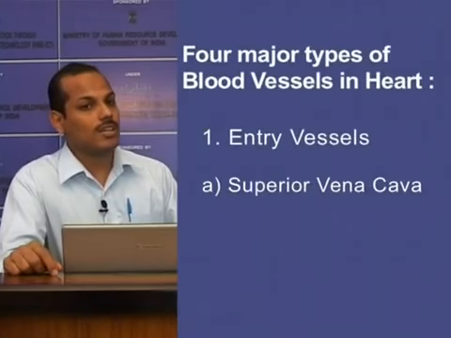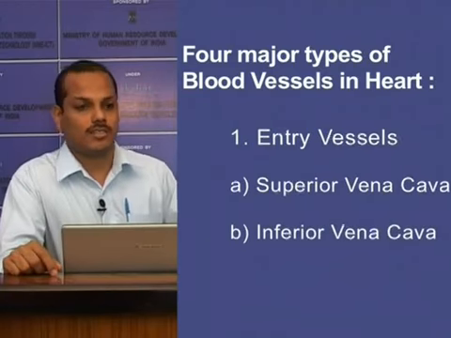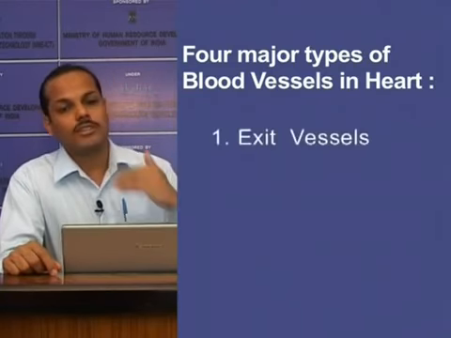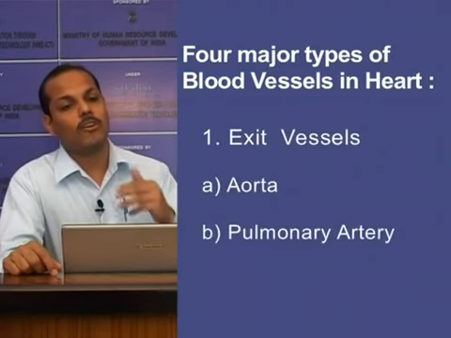Now, there are four major vessels. There is the superior vena cava and the inferior vena cava. These are the entry vessels. The exit vessels are the aorta and the pulmonary trunk. Then there are four pulmonary veins, but we cannot consider them a major vessel. They are also entry vessels. So, the heart consists of four chambers, four valves and four vessels.